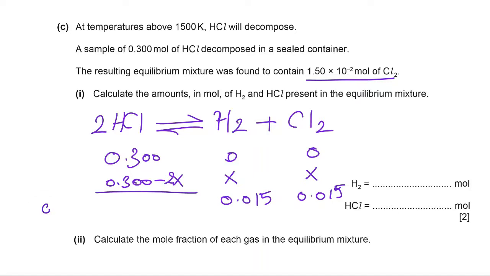This one will be 0.300 minus 2 times 0.015, and this will give us 0.27. So for HCl, 0.27, and for hydrogen, the same number of moles as chlorine. Why? Because according to the balanced chemical equation, you have equimolar, that means same number of moles, same ratio.